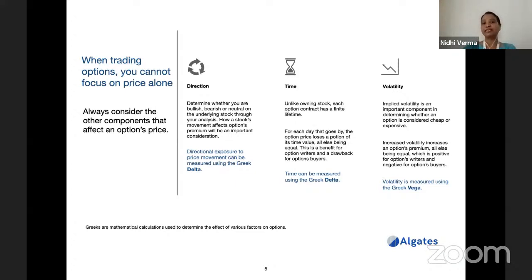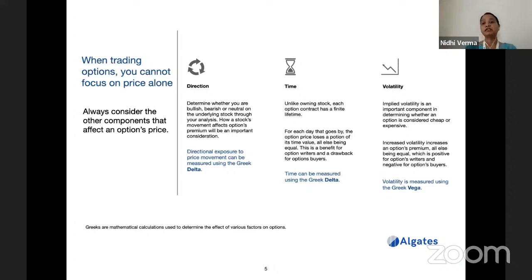You don't have to be in the trade till the expiry, right? You can close your trade well before that, depending on the purpose of the trade, or whether your outlook unfolds within that particular time or not.